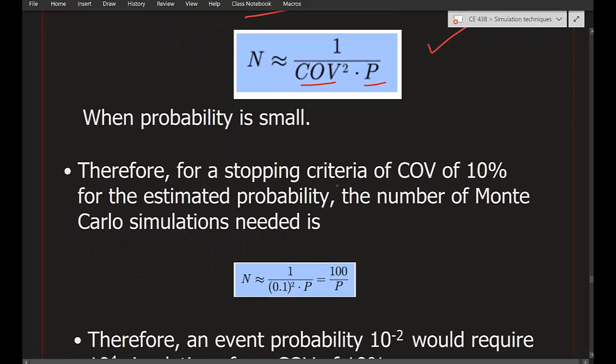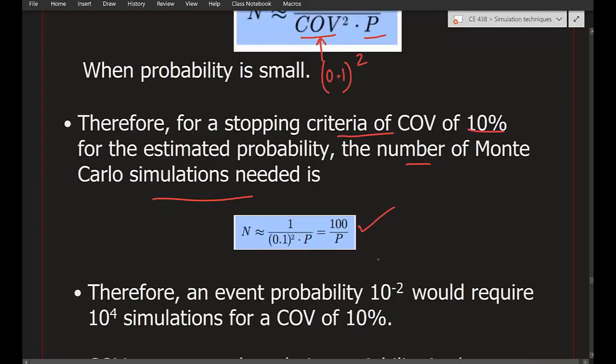Therefore, for a stopping criterion of coefficient of variation of 10%, I can plug in 0.1 squared. The number of Monte Carlo simulations needed for the estimated probability is 1 over 0.1 squared, divided by p, which comes out to 100 divided by p.